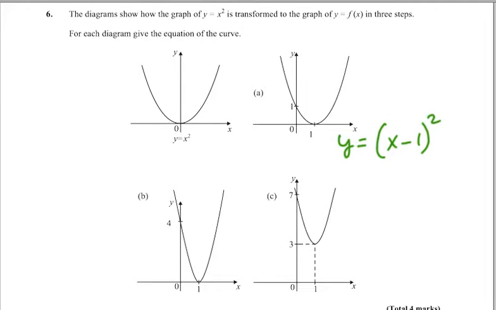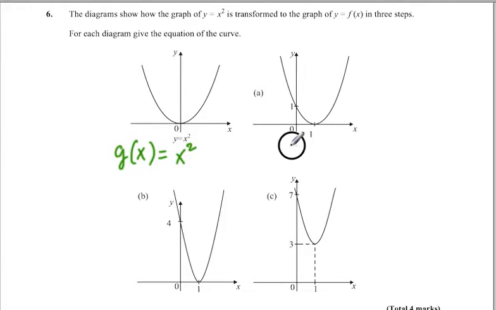Another way to do this, if you're confused about how I got that: we can't call it f of x because they told us that this is actually f of x. So let's just call it g of x, and let g of x equal x squared.